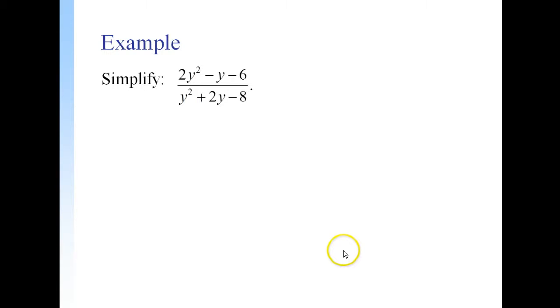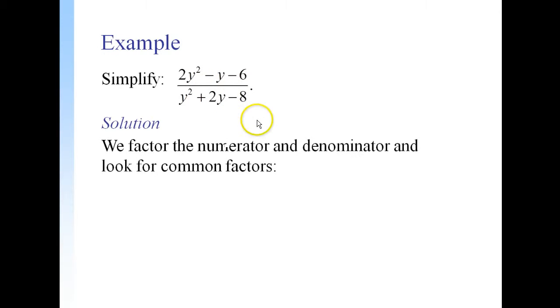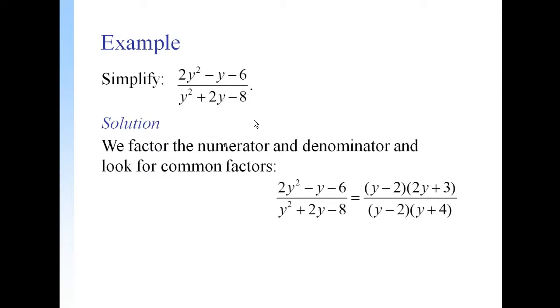Okay. Now, for this one, what you need to do is see if you can actually factor this. And it does factor into this. So again, you can cancel these over here.